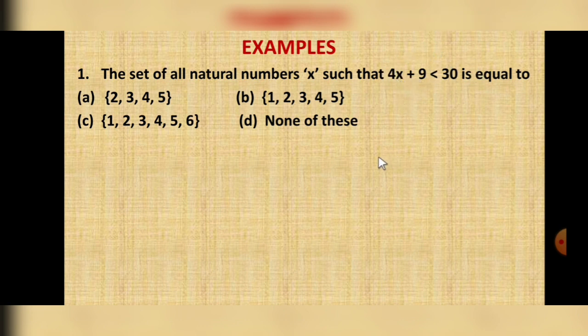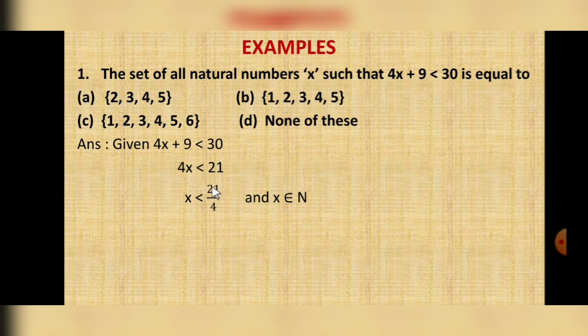So students, first you write down this given term, 4x plus 9 is less than 30. Then you find out the value of x. Now just simplify this term. You take this 9 to the right hand side, 30 minus 9 will get 21. Then x is less than 21 divided by 4.